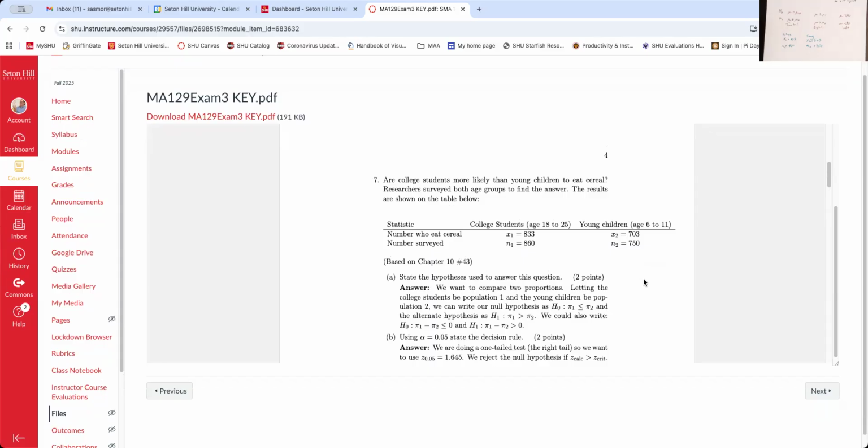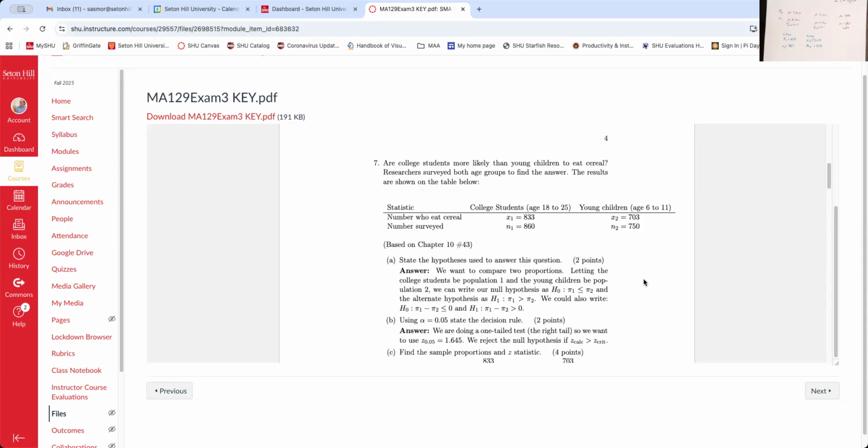It's 1.645? Yeah, I looked at the wrong number. 1.96 is the 2.5% number. That's the two-tail 95% number. So I'm using 1.645 instead of 1.96. So if it's bigger than 1.645, I'm going to reject. The number in this case is the thing I got wrong, trying to do it from memory. Bad, Dr. Sassmore. Don't do that.